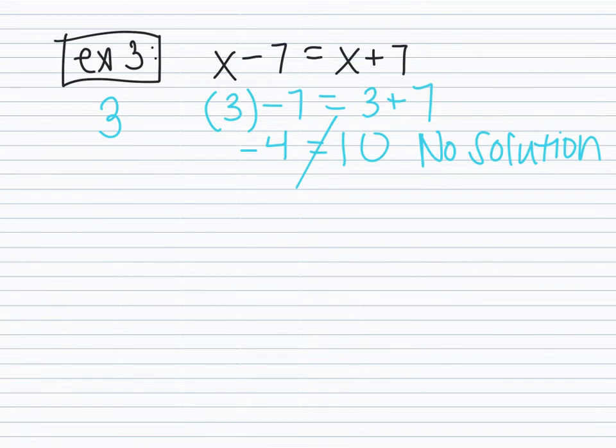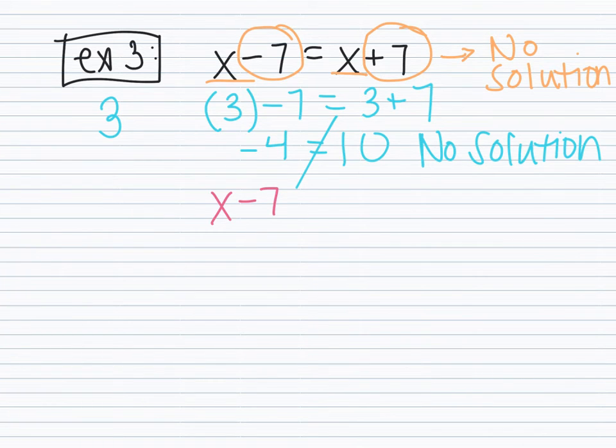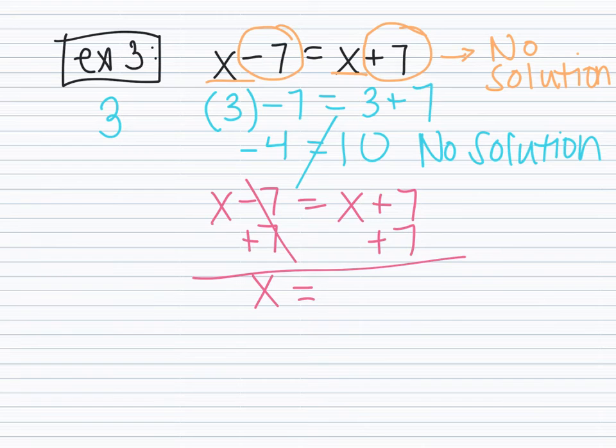Also, something that you could have noticed right off the bat is that we have the same variable, but the constant is different on both sides, so there's no solution. Another way that you could try and solve this is x minus 7 equals x plus 7. If I add 7 to both sides, these equal 0, so that leaves us just x on the left side.